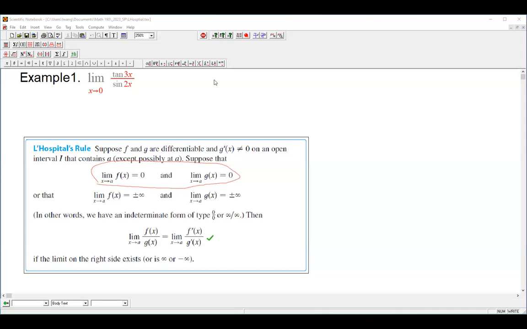The second case would be that if we check the condition that the numerator and denominator approach infinity, it doesn't matter negative infinity or positive infinity, in that case, we can also apply L'Hopital rule. So it's either 0 over 0 case or infinity over infinity case, and doesn't matter positive infinity or negative infinity. Okay, so these are the key components of L'Hopital rule when we use them.